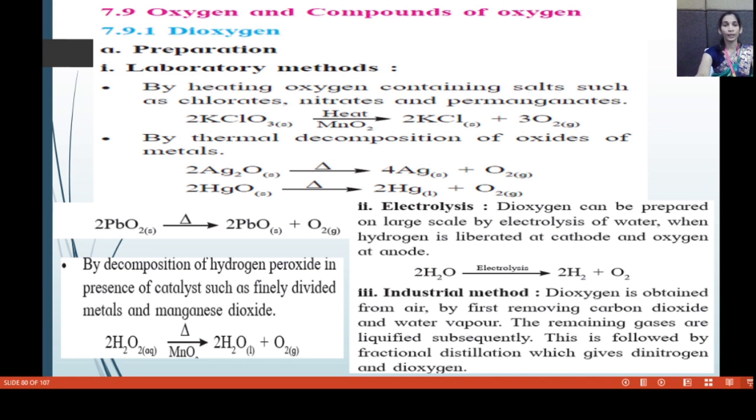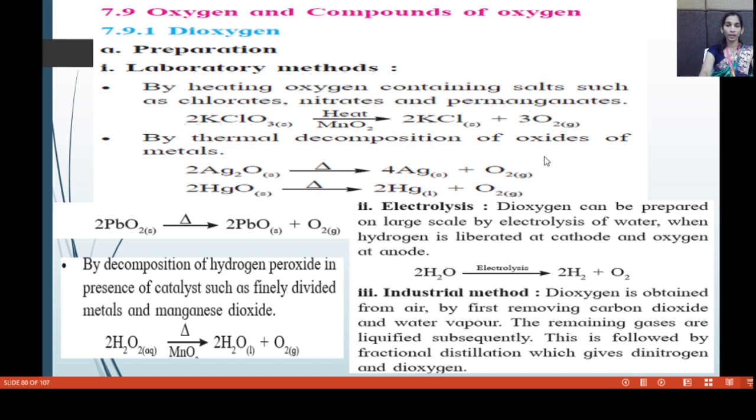Laboratory method: in the laboratory, when we heat oxygen containing salts such as a chlorate or a nitrate, they give oxygen. Here KClO3, when this salt is heated we get KCl and O2, that means dioxygen.